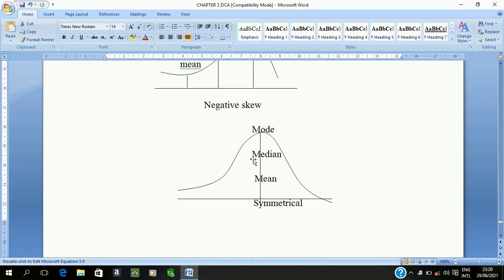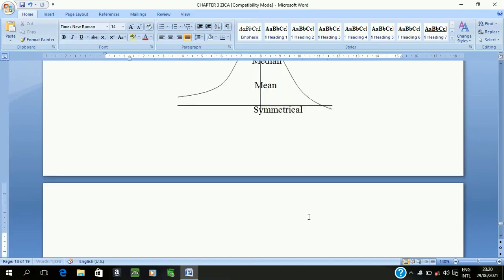Where you have a situation where the mode, median, and mean values are the same, you've got a symmetric curve, and this is called normal distribution. So when the distribution is normal, it means the median, mean, and mode are all of the same value.